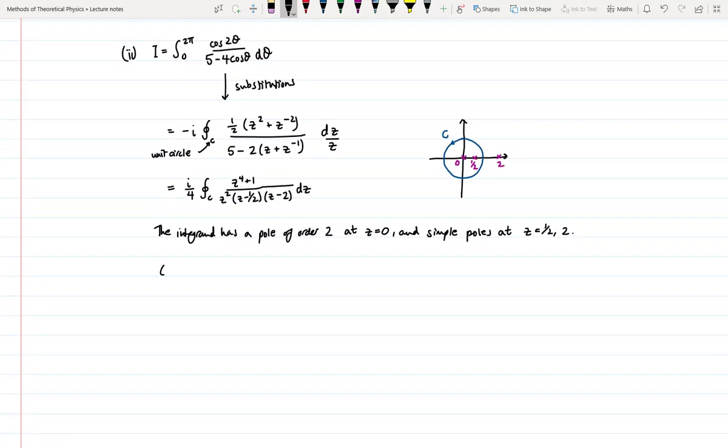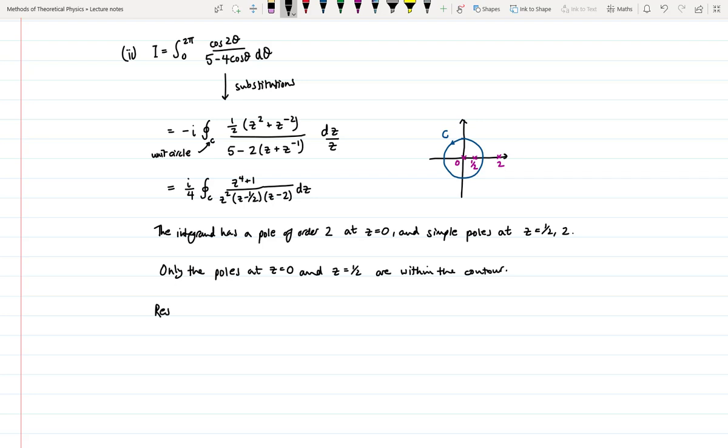As we've noted already, and clear from our picture, only the poles at z equals 0 and z equals 1/2 are within the contour. That means we need the residues at those poles.